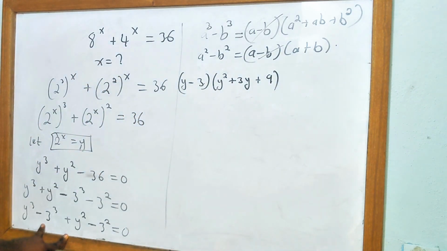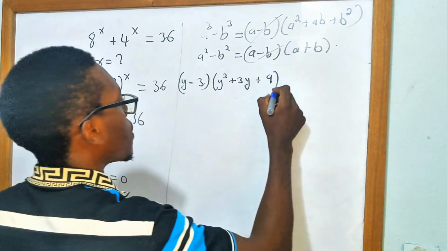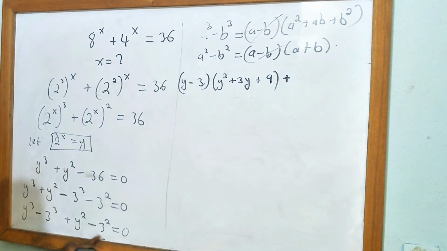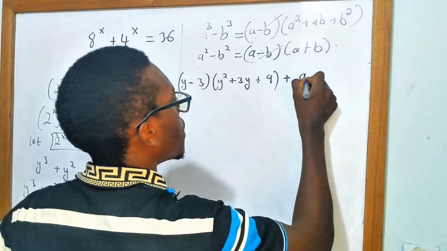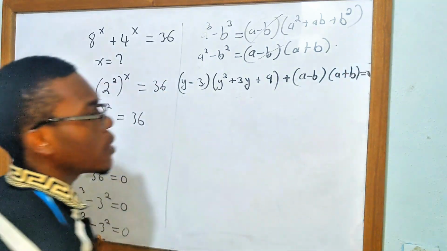Our b is 3, 3 squared is 9, and ab is 3y. Plus, don't forget, we have the other factor, a minus b and a plus b. That will be equal to 0.